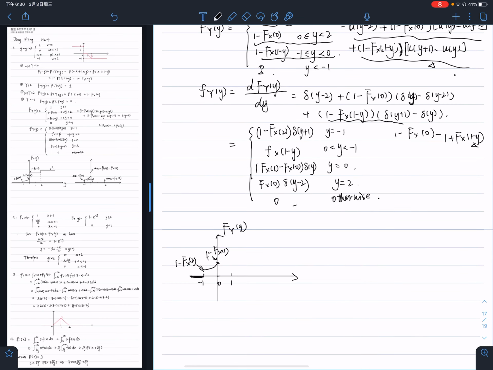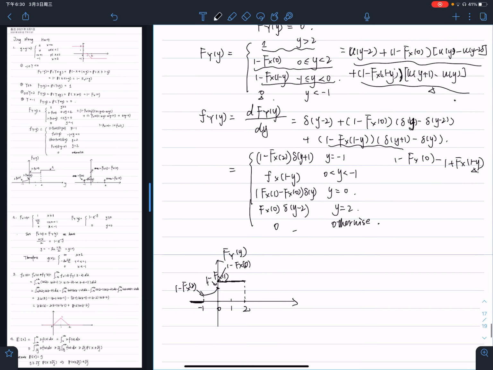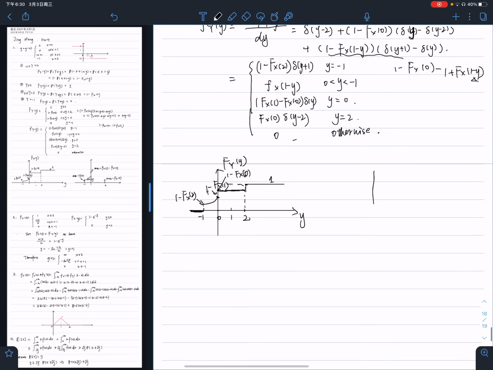When y is between 0 and 2, it is a constant, 1 minus F_X(0), like this. At last, when y is larger than 2, it is 1. So the CDF should look like this.